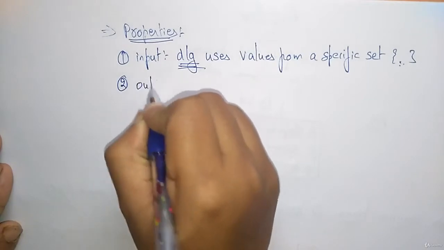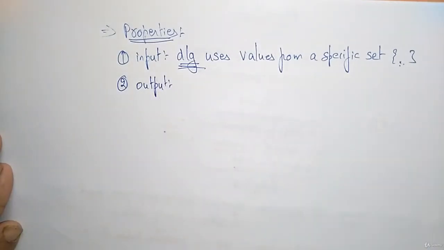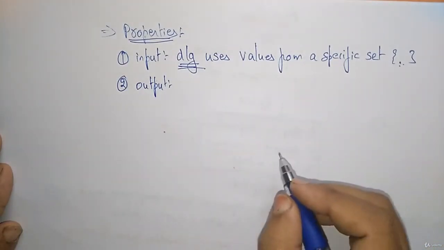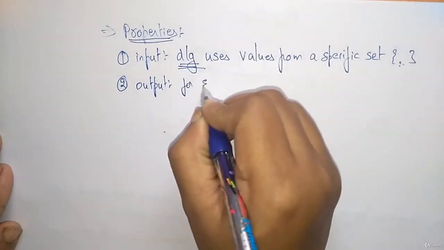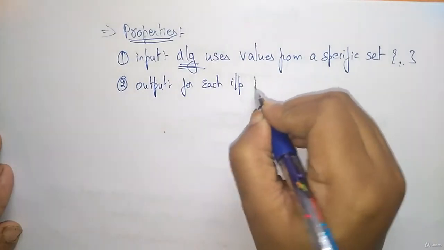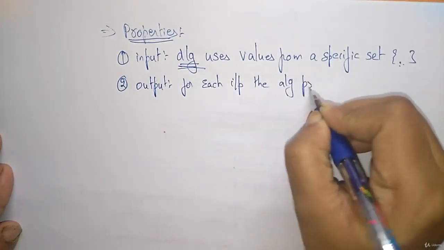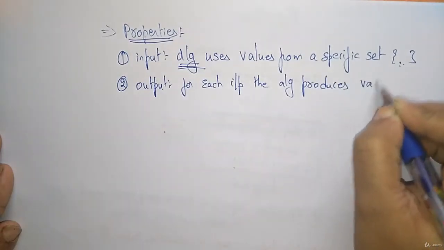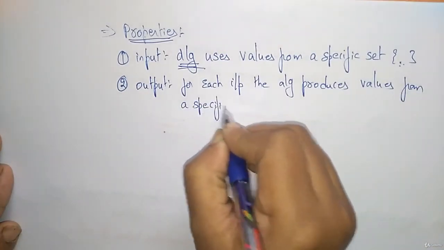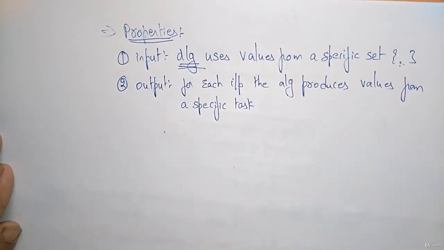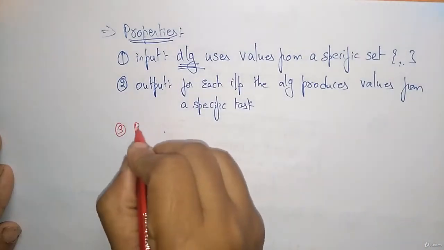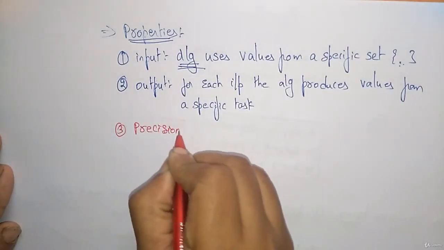Next, coming to the output. Output is another property. For each input, the algorithm produces values from a specific set. So input is one property, output is another. The third property is precision.